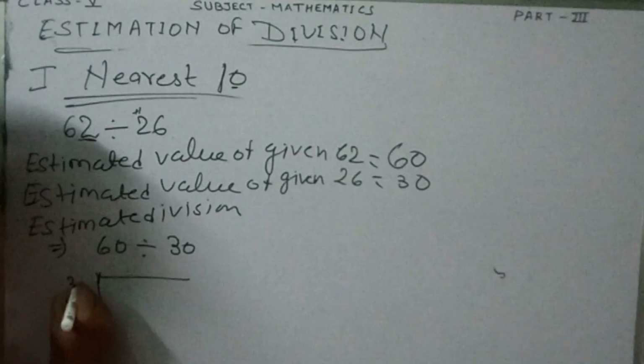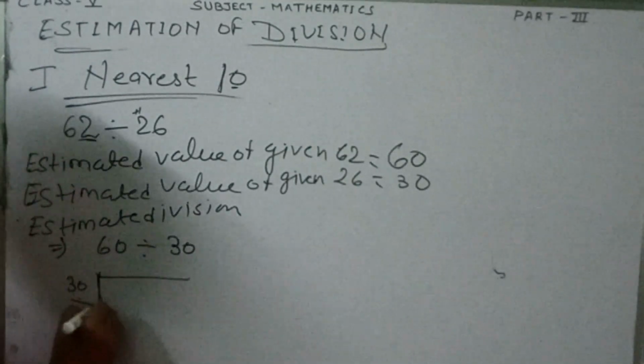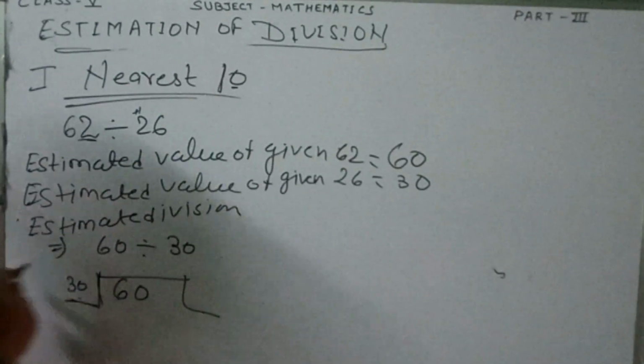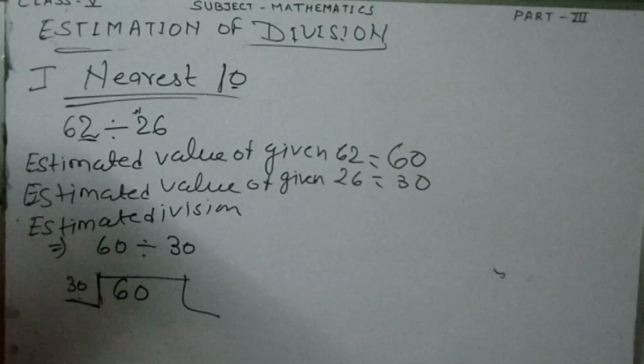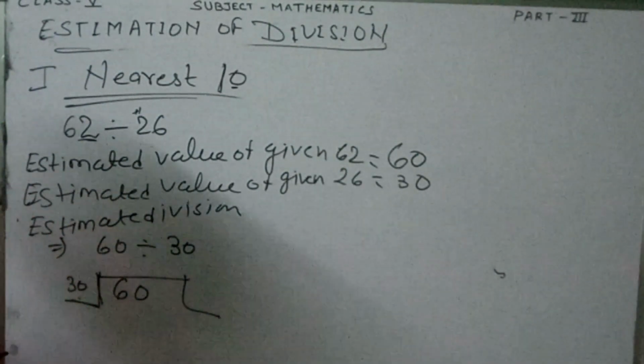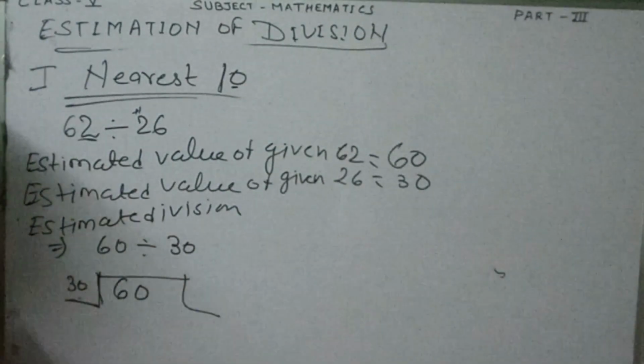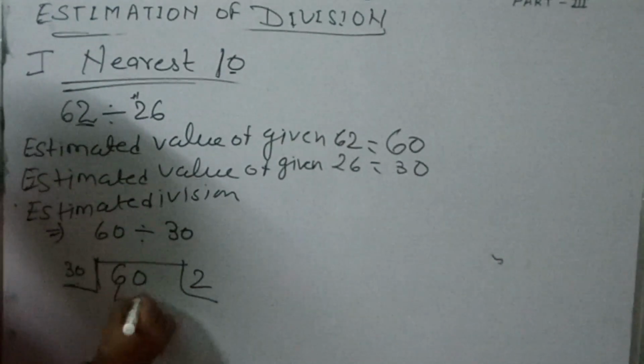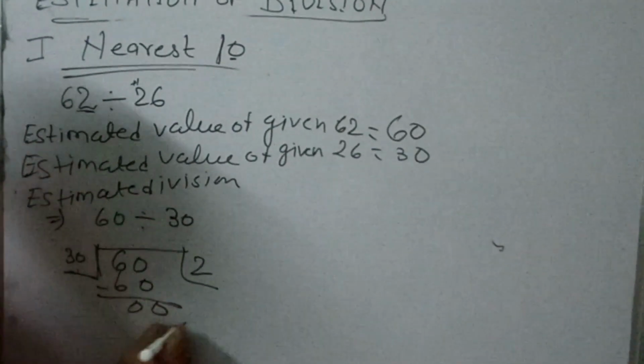Write 30 here and 60 here. Read the table of 30. If you don't know it, multiply with 1 or 2 and see how many times it will be. 30 1s are 30, 30 2s are 60. Remainder will be 0.